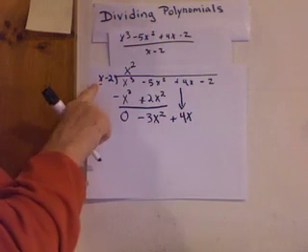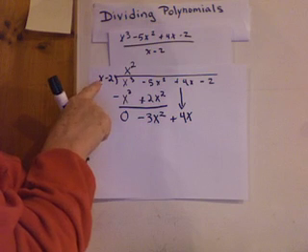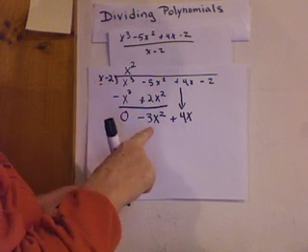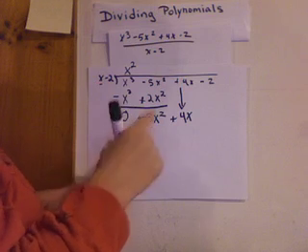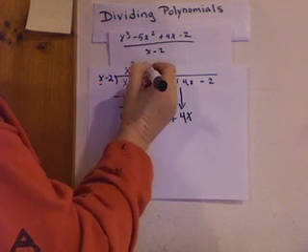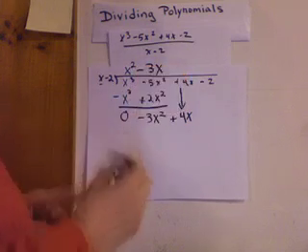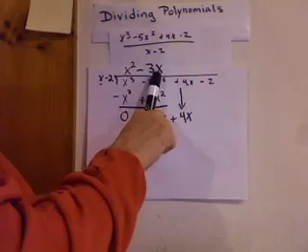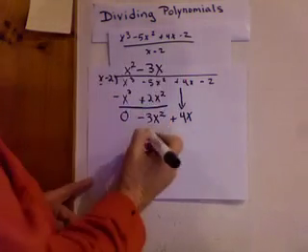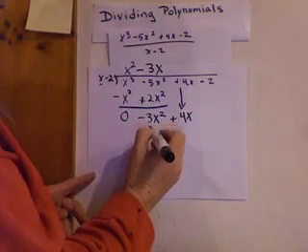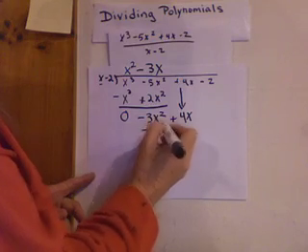All right, again, go back to the beginning. What times x would give me minus 3x squared? Minus 3x. All right, let's try the multiplying. Minus 3x times x is minus 3x squared.